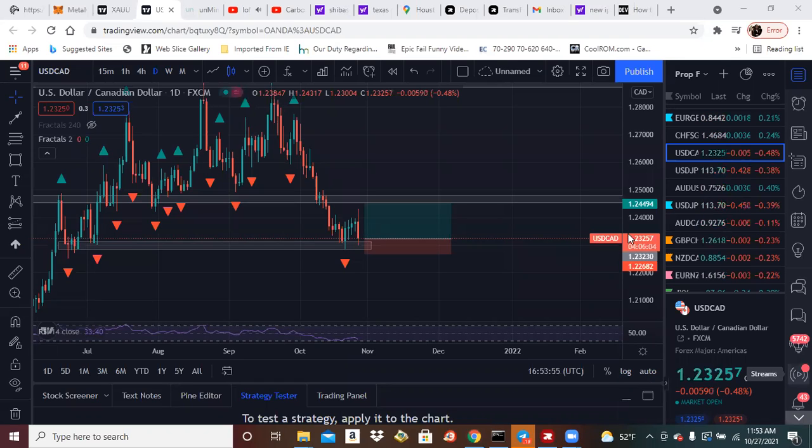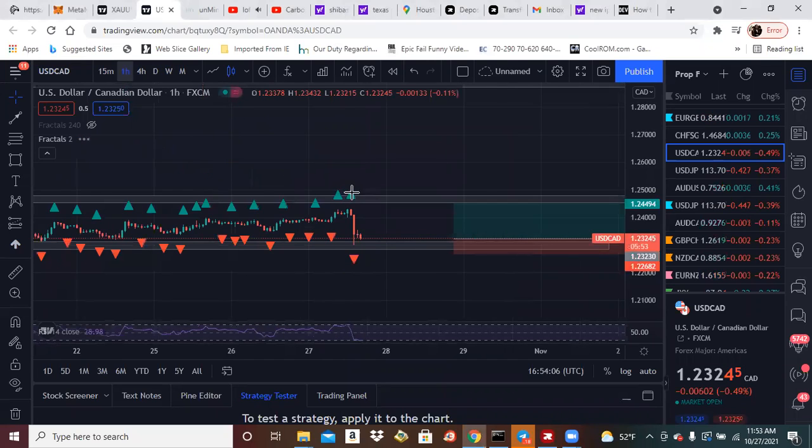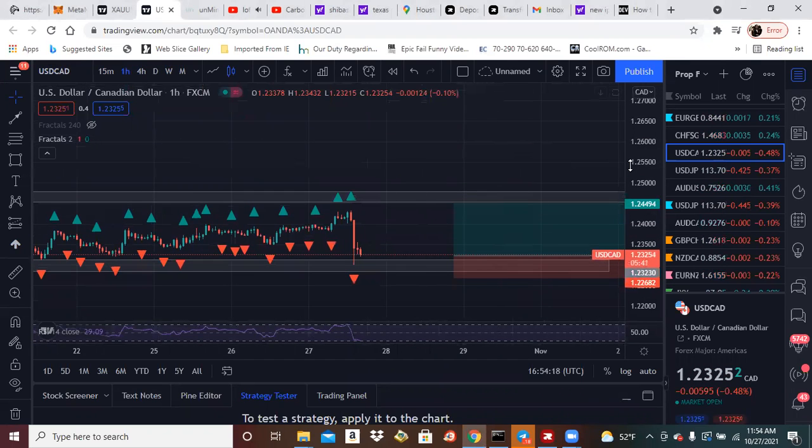But yeah, what we got here? Oh yeah. What is it looking like on the hour? So we do have an hour fractal off the retest area. I love seeing that. When I see a fractal, that's one confirmation for me.